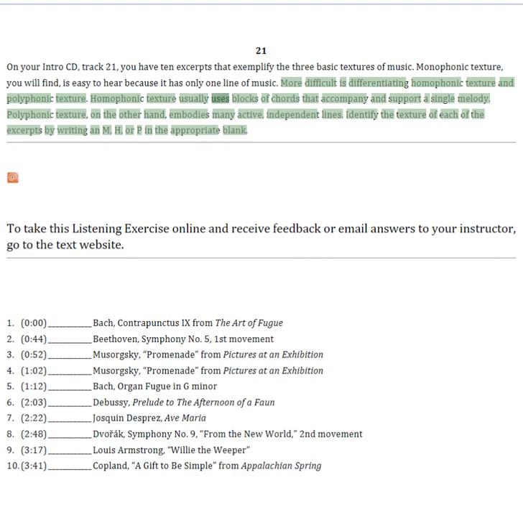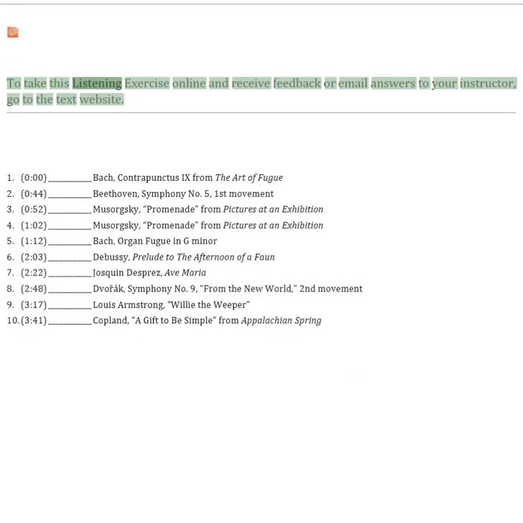Homophonic texture usually uses blocks of chords that accompany and support a single melody. Polyphonic texture, on the other hand, embodies many active, independent lines. Identify the texture of each of the excerpts by writing an M, H, or P in the appropriate blank. To take this listening exercise online and receive feedback or email answers to your instructor, go to the text website.